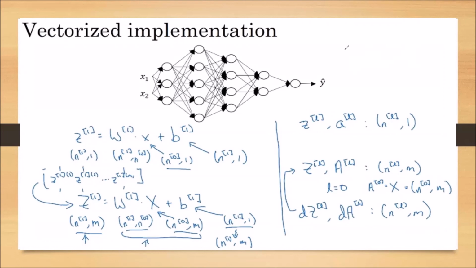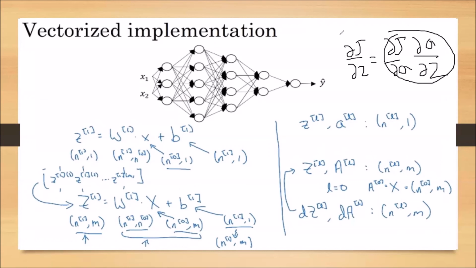To find the differentiation of the cost function with respect to z, first we find the differentiation of the cost function with respect to a, and the differentiation of a with respect to z. Simply we denote this as dz.